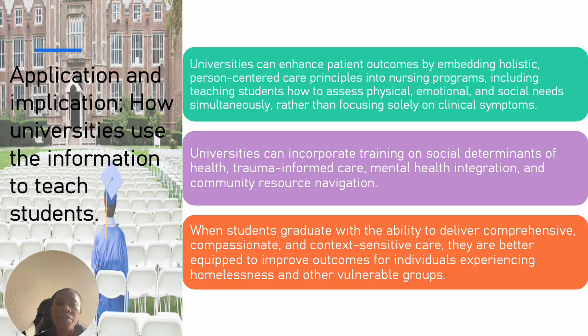And also preparing graduates to deliver compassionate, culturally sensitive care to individuals that are experiencing homelessness and also other vulnerable groups. By emphasizing holistic compassion, the programs would prepare students to see the person as a whole, recognizing the impact of housing instability, food insecurities, cultural backgrounds, and emotional traumas on health.